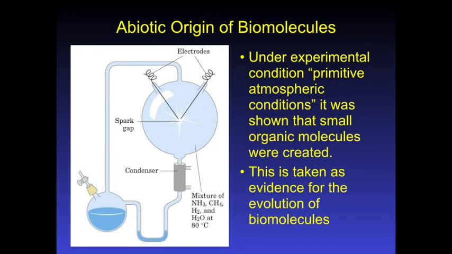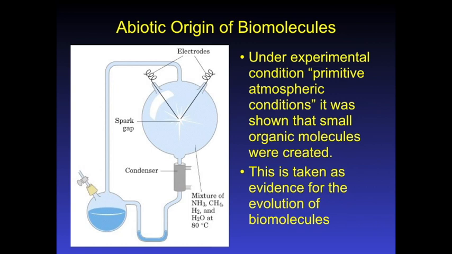Now, in the synthesis of proteins, what we need are amino acids, and amino acids are synthesized from basic carbon, hydrogen, nitrogen. This is the experiment that was done by Miller, and what they did was they made an assumption of what the early atmosphere of the planet was. This is before we get bacteria that created the oxygen atmosphere.